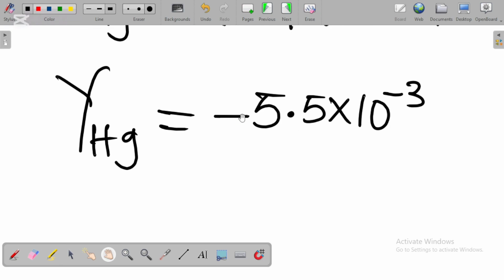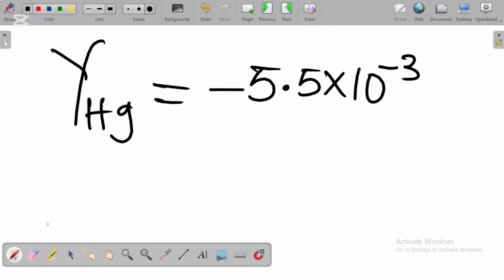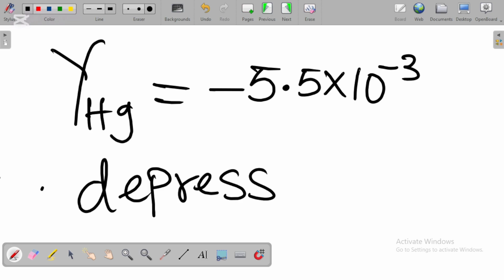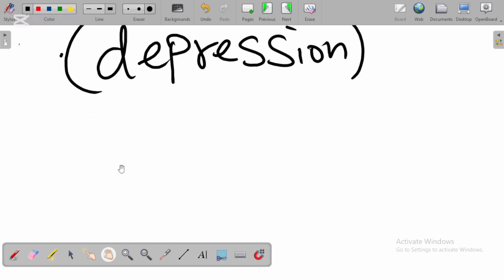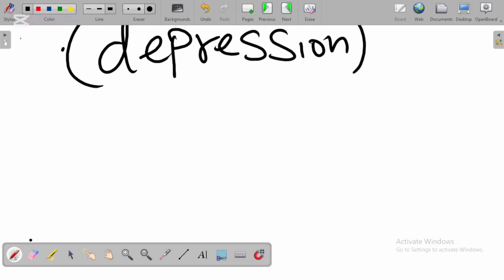Now it is negative. The negative here tells you that it is depression. The negative reveals that it is depression. It is not a rise. So that's what the negative reveals to us. So instead of writing negative, we can just leave our answer in the positive format.